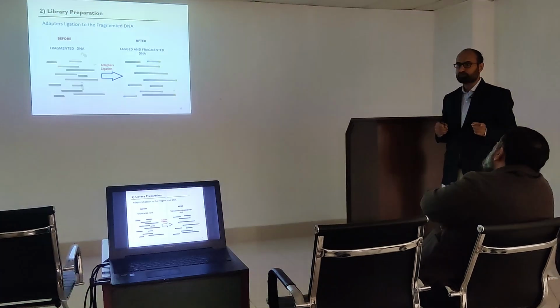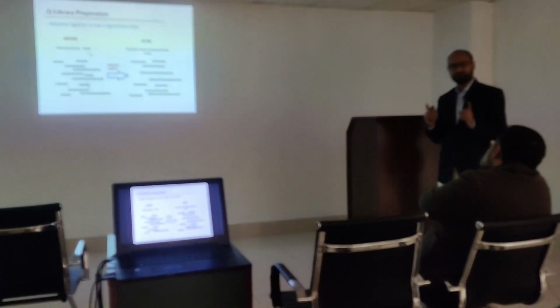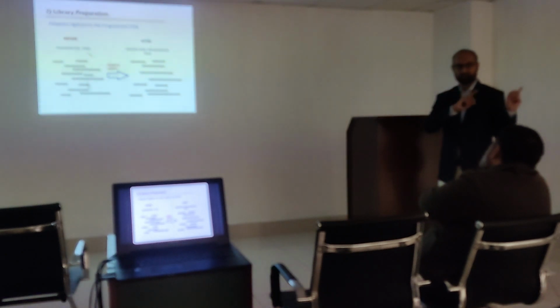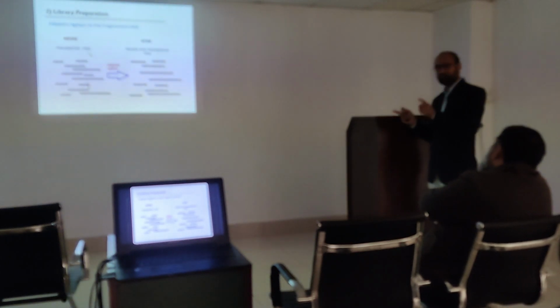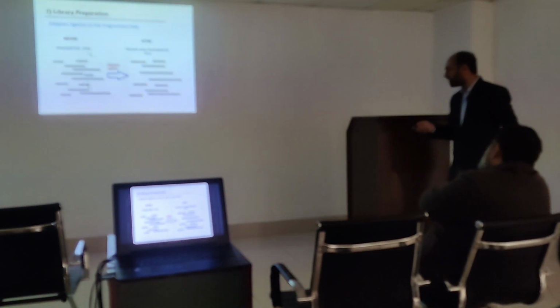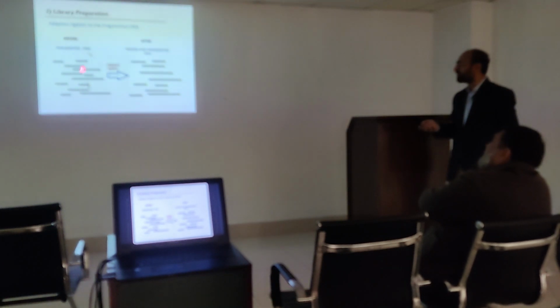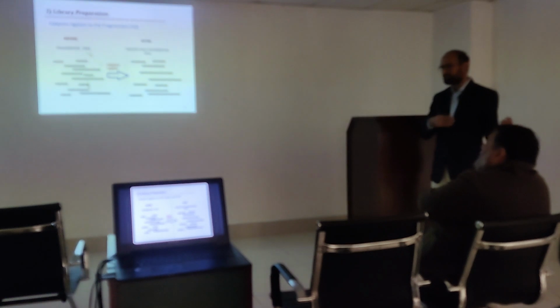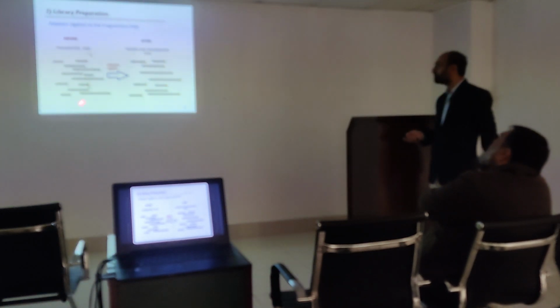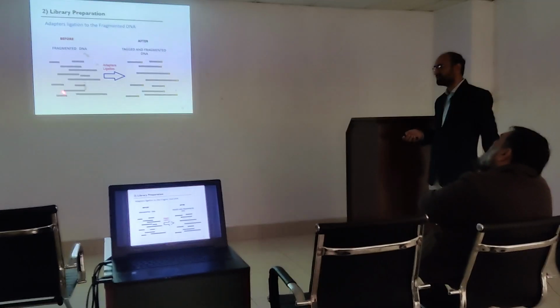In PCR, we use specific primers which target a specific region. The sequence of those primers is known to us, and then the target region is amplified. But here, the sequence of these fragments is not known. We have to sequence this DNA in the machine. So how is it possible to amplify all these regions?